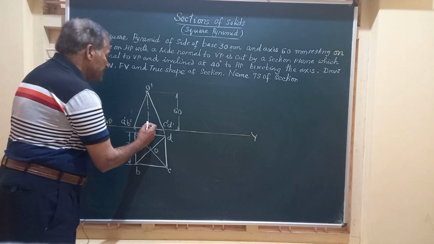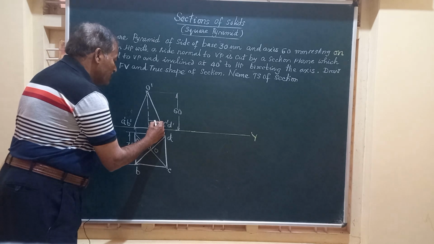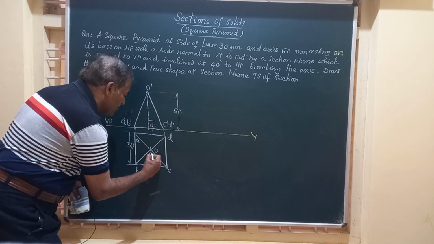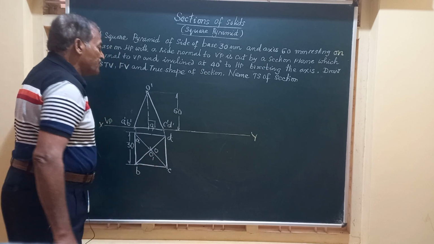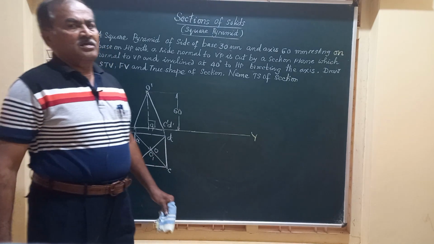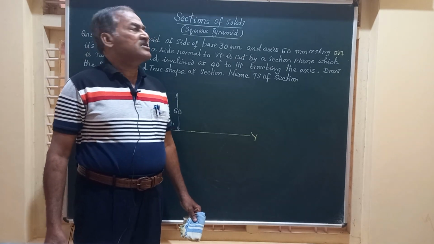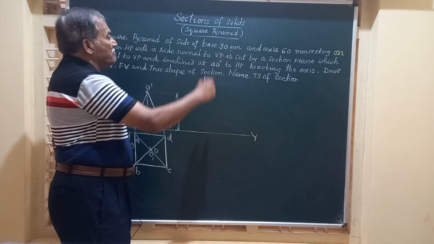O dash O1 dash is the axis which is perpendicular to HP. O1 is the center of the base. Friends, we have obtained the initial positioning of the solid. Then he says it is cut by a section plane.